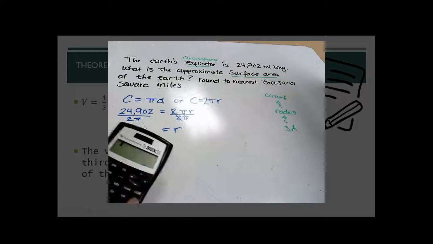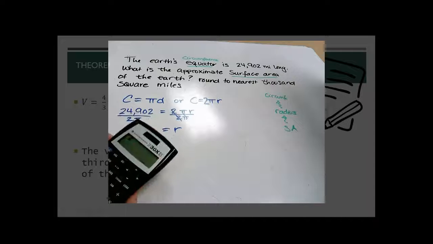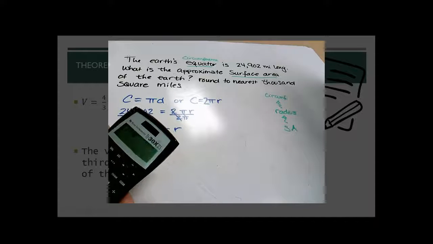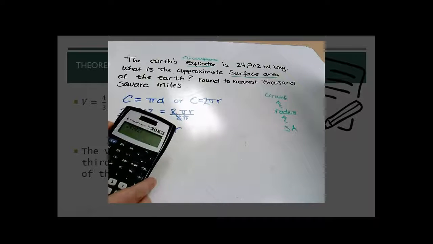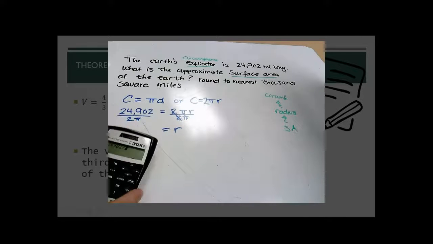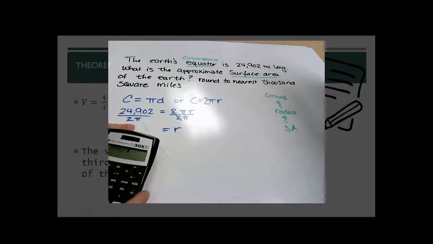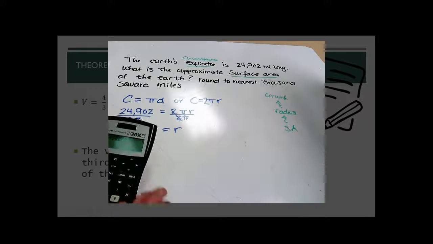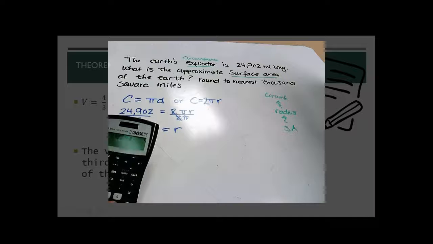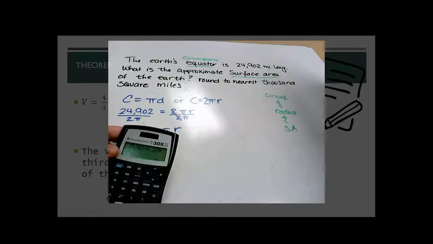Great, so now that I have my calculator, I can go right ahead and plug in that 24,902 into my calculator. And I'm going to divide that by 2 times pi. In my head, I'm going to work that out. I'm going to use 3.14 for pi, and then I'm going to multiply that by 2. So I should get 6.28 to be able to put into my calculator.